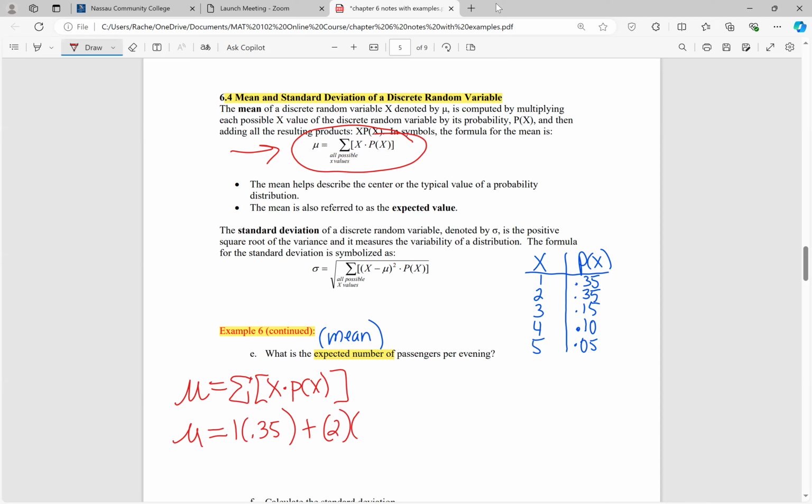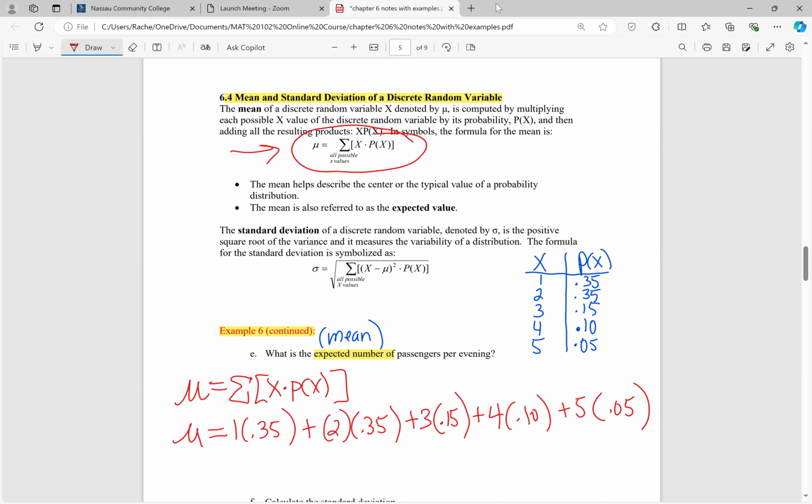So that's 2 times 0.35, plus the next value of x times its respective probability, so plus 3 times 0.15, plus 4 times 0.10, and then plus 5 times 0.05. So now we're taking into consideration each x value's likelihood of occurring. So it's balanced, or it's weighted.